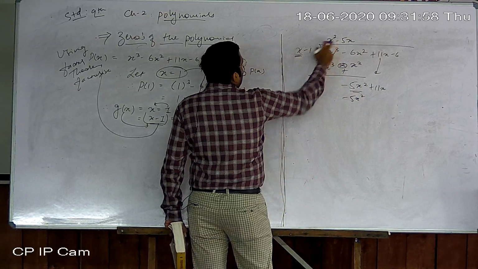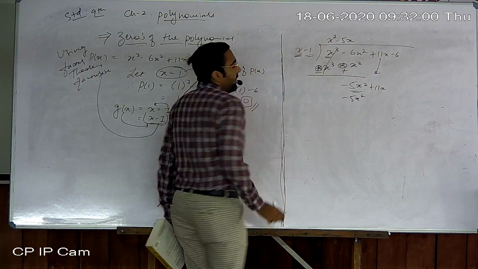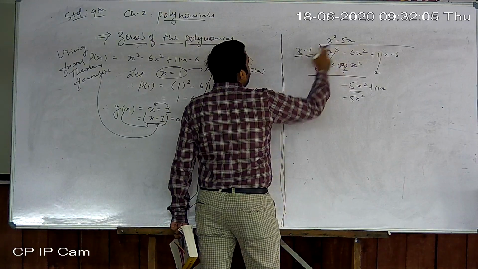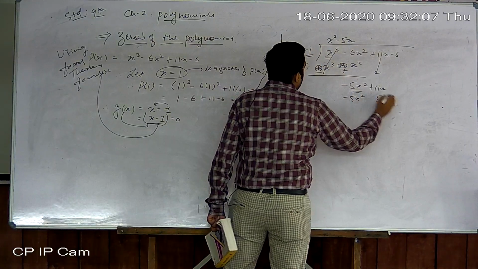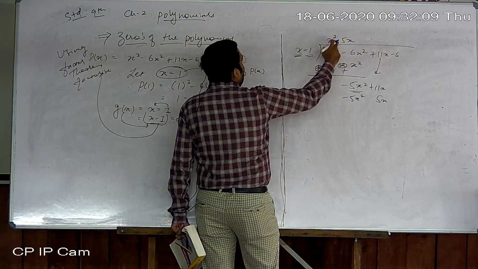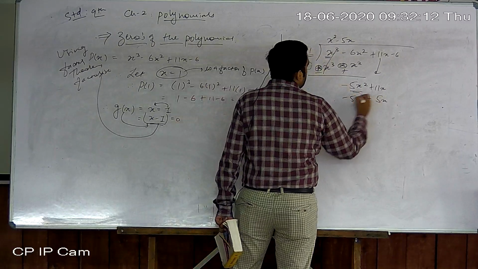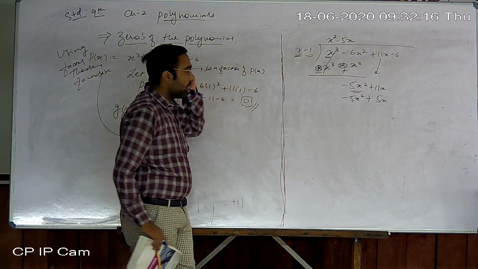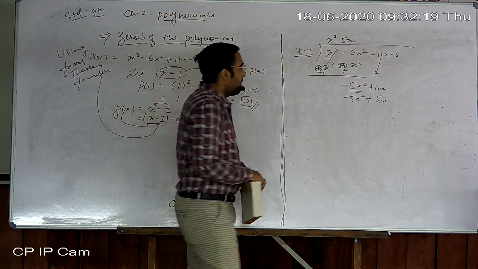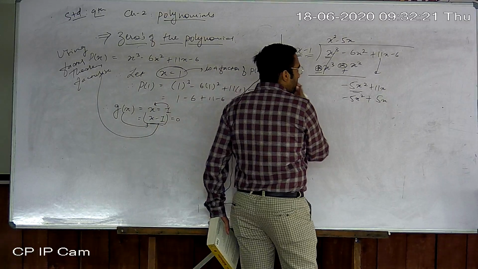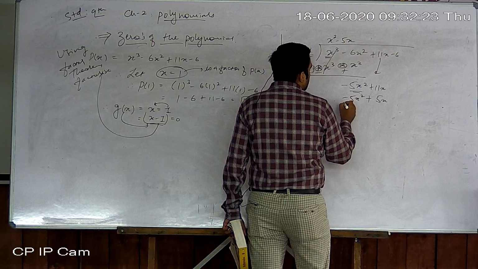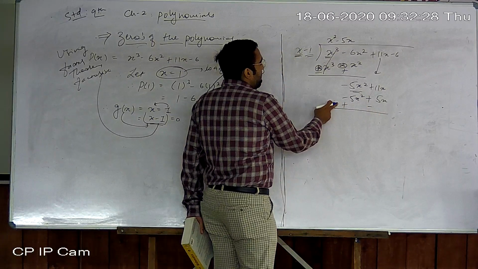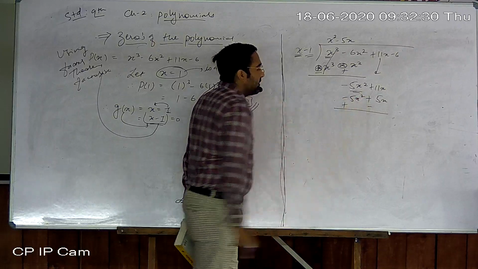Now multiply minus 5x with the minus 1, that is plus 5x. Now check the signs. Now I'll subtract them. Whenever I subtract them, I'll change the signs of them. Here is a minus, therefore I'll change it to plus, and here is a plus, therefore I'll change it to minus.